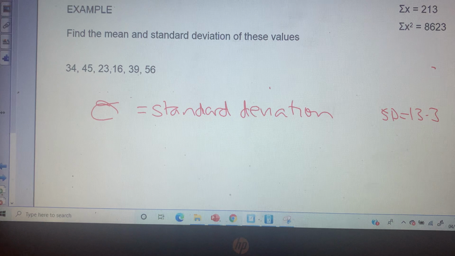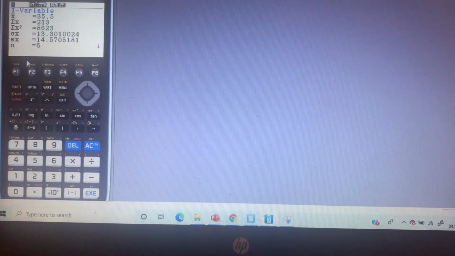And if we go back to the calculator, there's also an SX here. We never use that on the A level. We've also got the number of values. That's a really good check. And if you click on the down arrow, on the cursor, it's also got your quartiles.